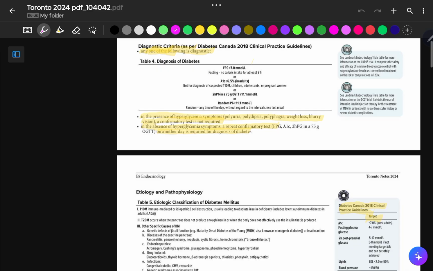Let's talk about it again. A patient comes to you with symptoms of hyperglycemia, then you don't need to do a test to confirm it. Now, they come to you without any symptoms of hyperglycemia, but you do the test and it's positive. You need to repeat the test on another day in order to make the diagnosis.